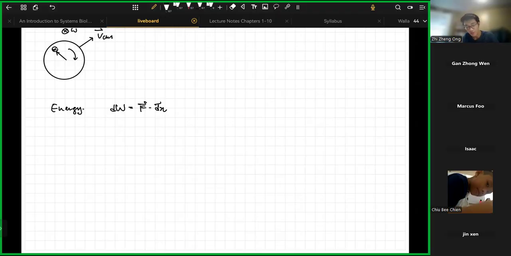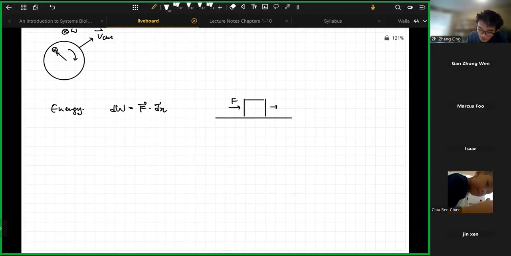If you have something that's moving, suppose you have a box. The classic example is that you have a box, and you exert a force on it. This force displaces the box by delta x. Therefore, the work done on the box is F delta x.